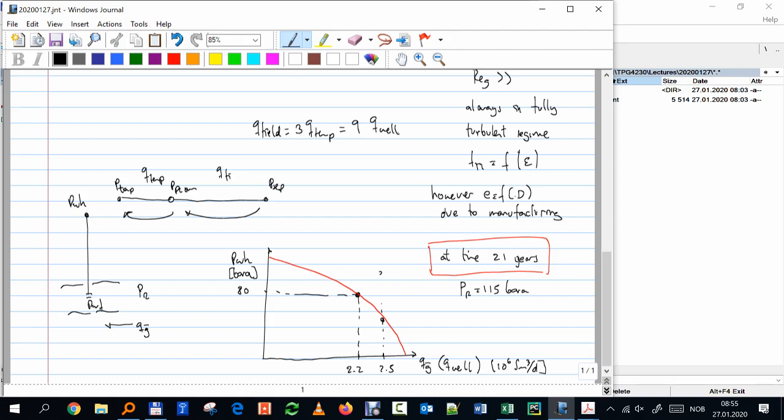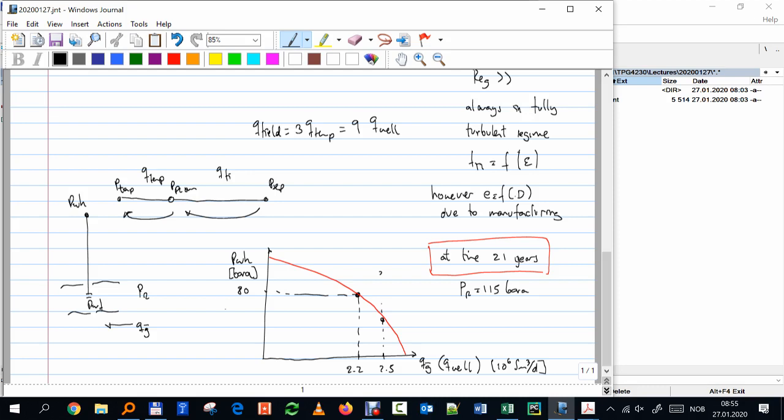So all of them are proportional. So when I say 2.2 well rate, that means 20 million field rate. So that's why I can plot it on the same plot, and use the same scale.